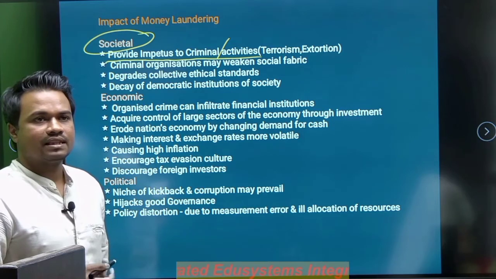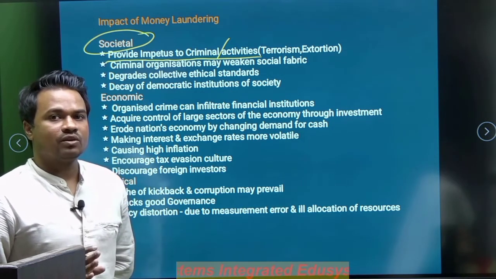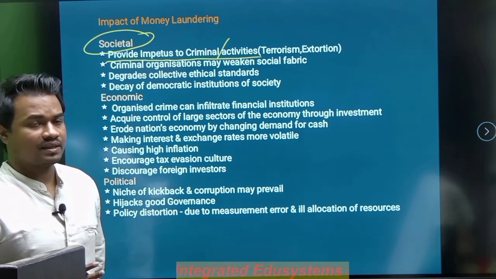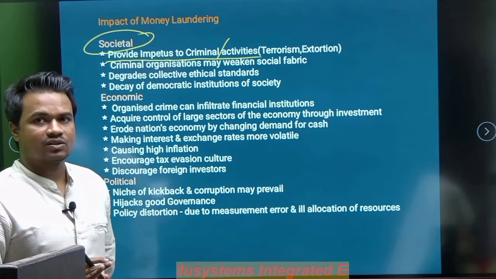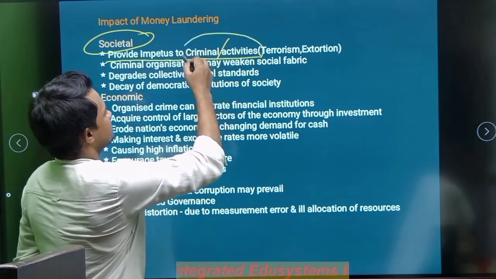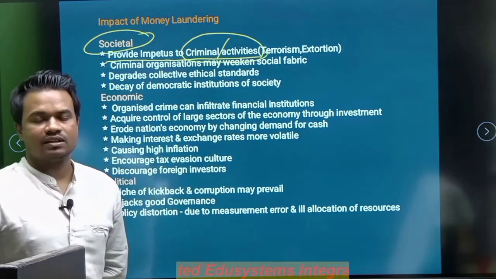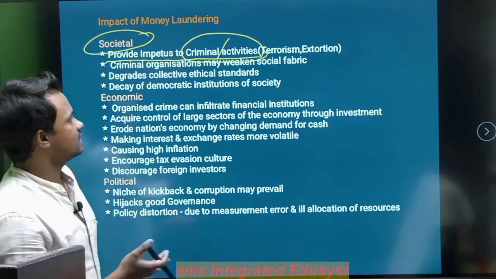If these kinds of illegal or law and order issues or extreme cases are undertaken, then having money for conducting these crimes will be very easy, or that may even become a widespread phenomenon. So that is the issue.